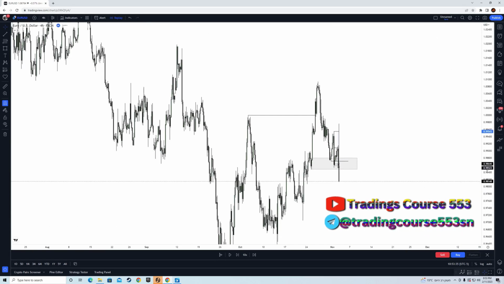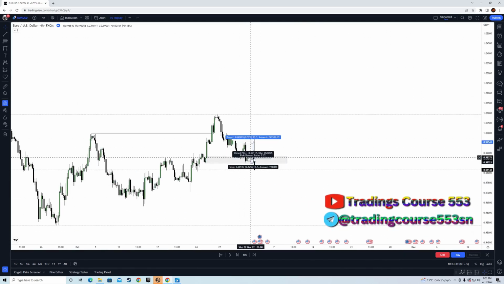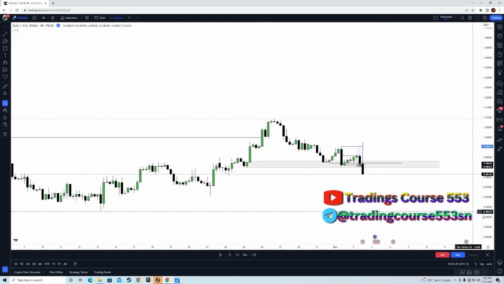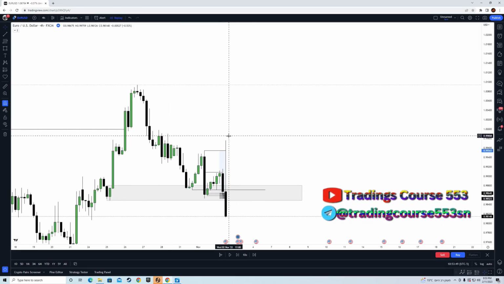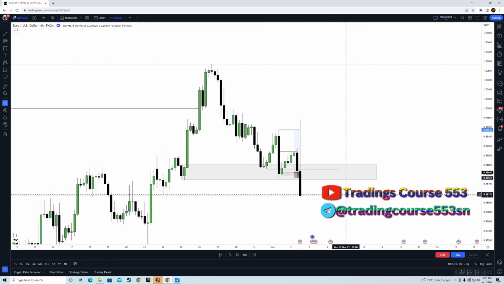And we took this trade right here and we targeted this low. So that is like prime ABC. Your take profit level was hit, and right after that you have a reversal. So I'll give you guys another example.